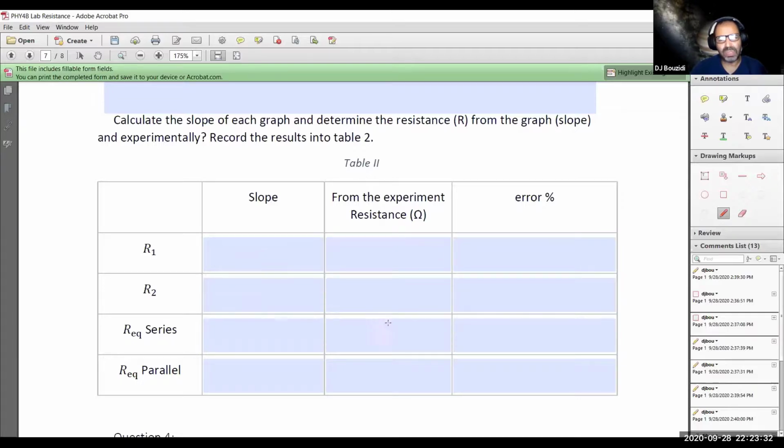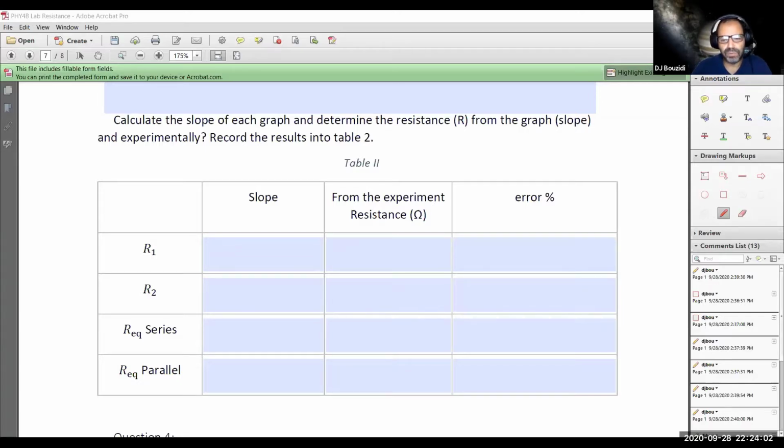This was 5, this was 10, this should be 15, and this is 1 over 5 plus 1 over 10, inverted. So it should be 1 over what? 1 over 5 plus 1 over... It should be less than the smallest value, which is 5. 3.33 ohms.